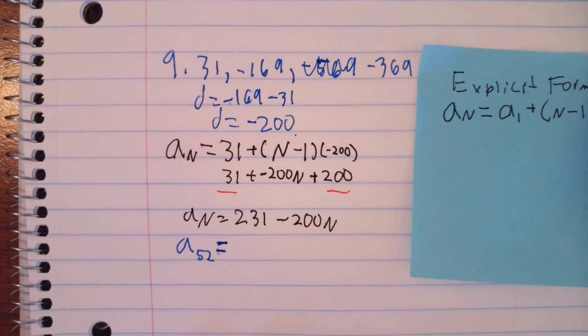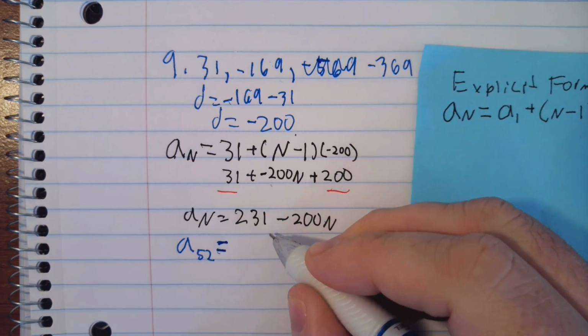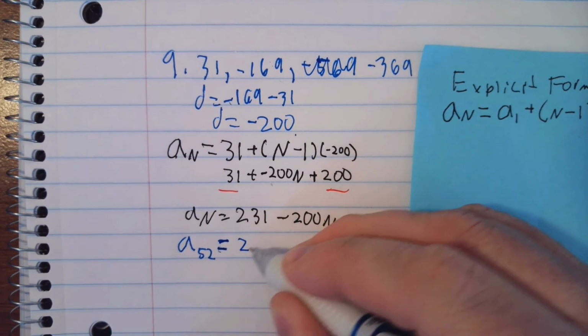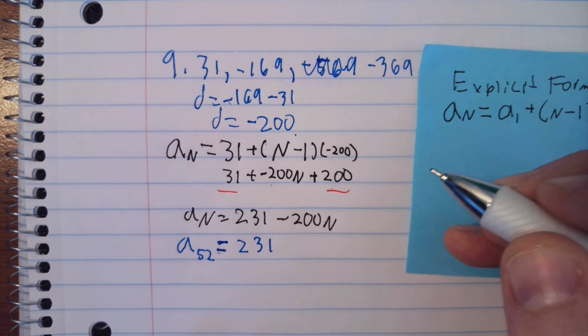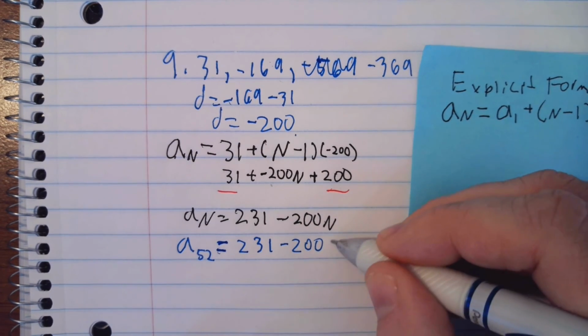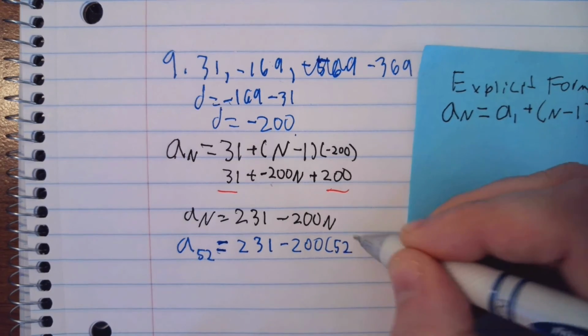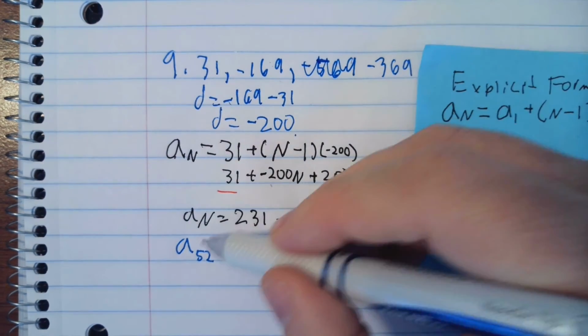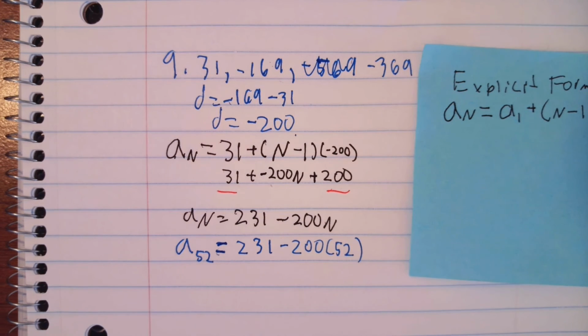Okay, so now I just do this. 231 minus 200, and I'll replace that in with 52. And then this is all calculator. So to show your work, you just basically have to do this and put it in the calculator.